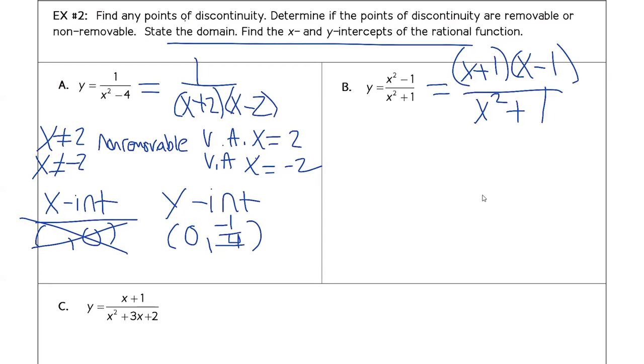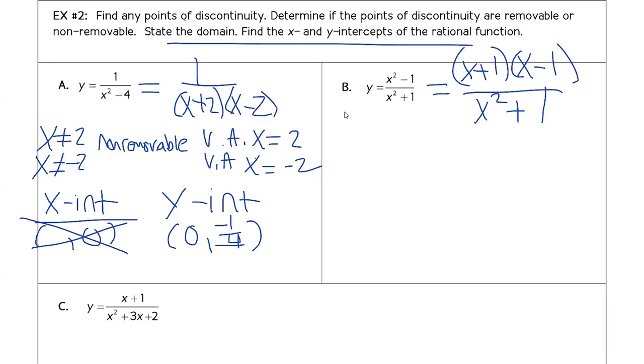Is there anything you can plug into the bottom that would make this equal 0 though? Here's a quick test you can do. I always like to plug in a negative number. If I plug in, say, -2, that would be positive 4 plus 1, that's 5. That's okay.